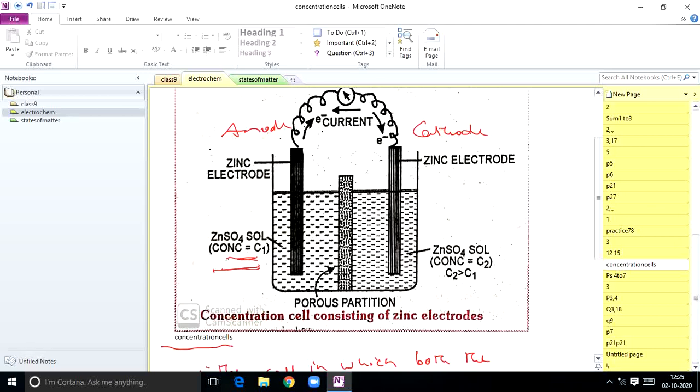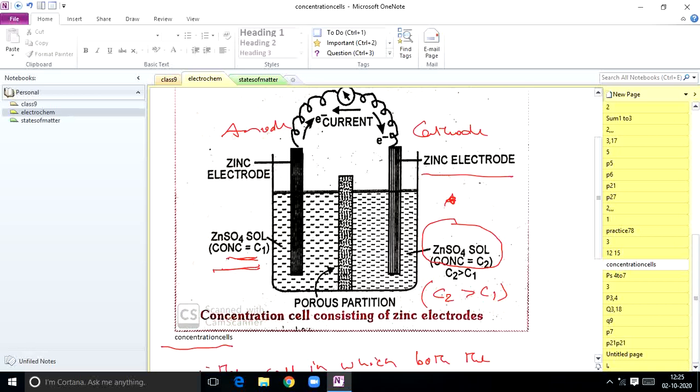This is the anode. The zinc rod dipped in zinc sulfate solution having concentration C2 acts as the cathode. Here you have to remember that C2 is always greater than C1. So in such a cell, oxidation always takes place on the electrode with lower concentration. Hence it acts as anode, the negative pole.